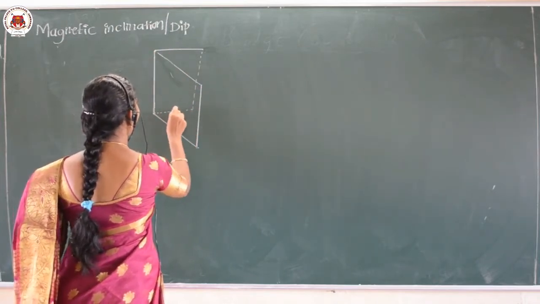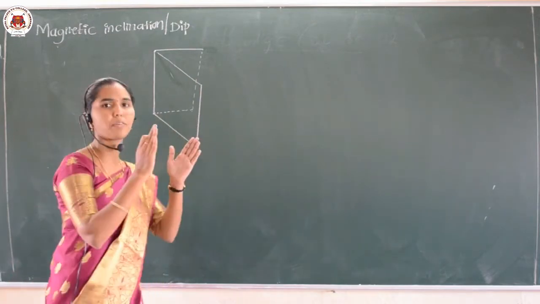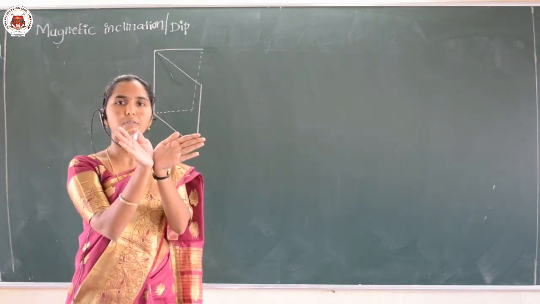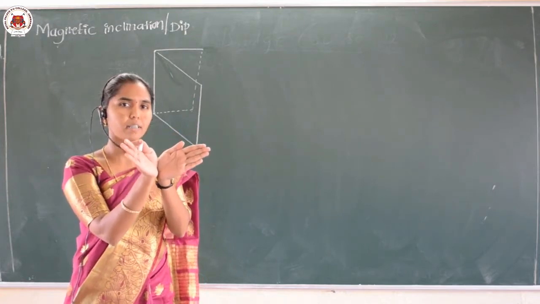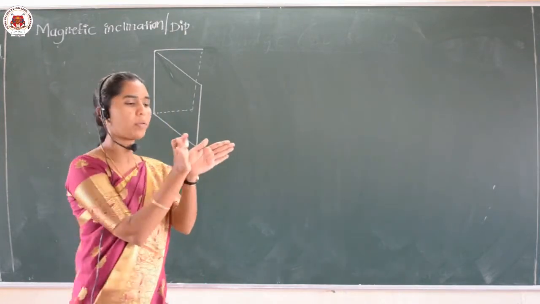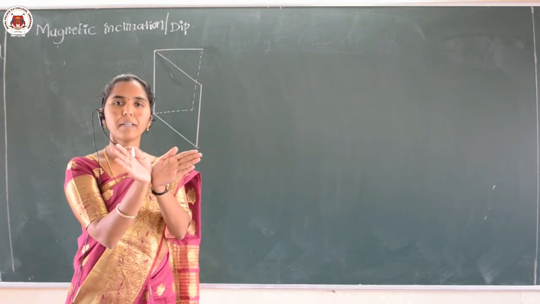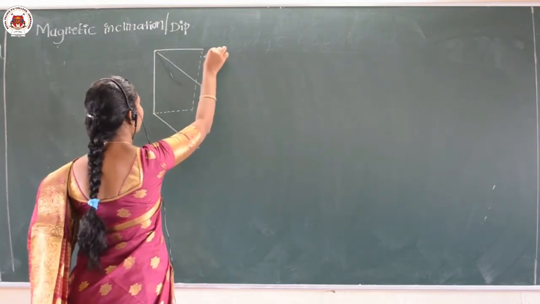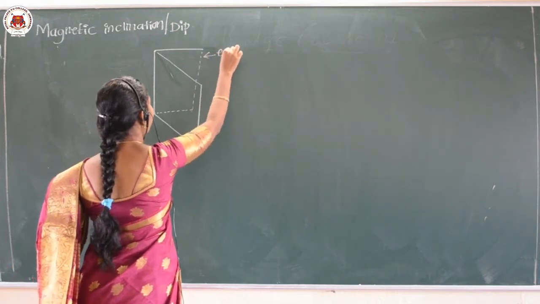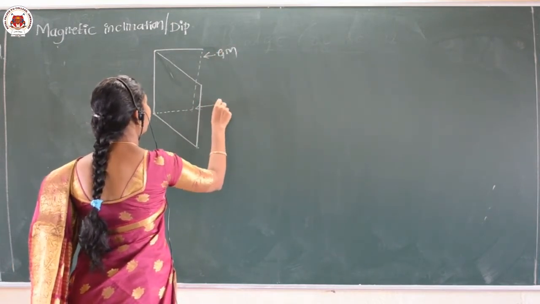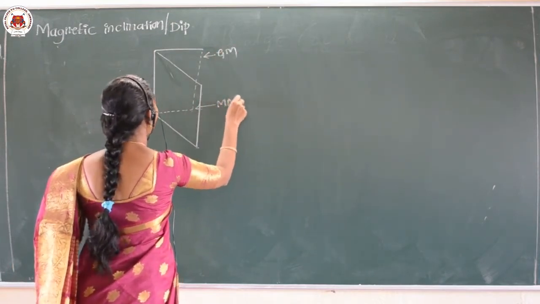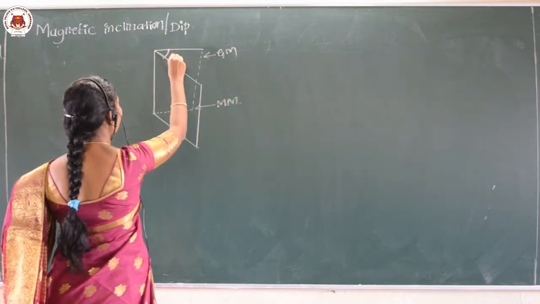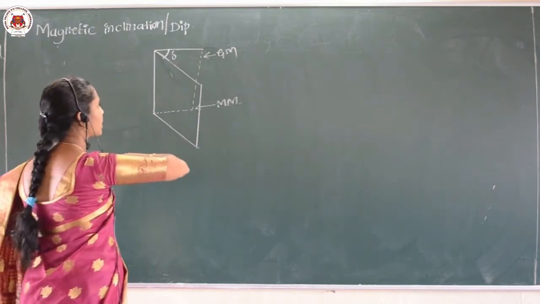Like if you take one notebook and separate it into two parts like this, it looks like that only. One will be the magnetic meridian, another one will be the geographic meridian. The angle between the geographic and the magnetic meridian, we call it declination.